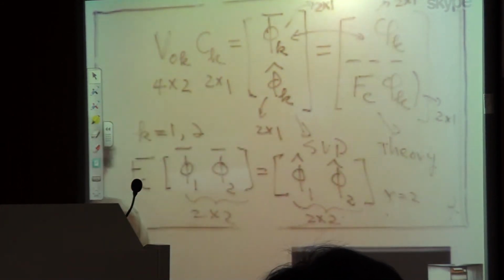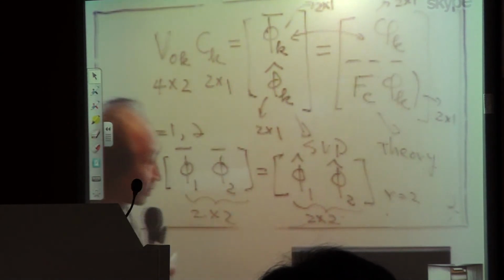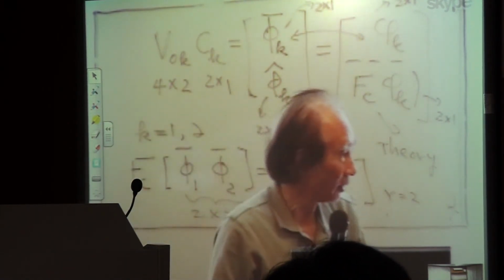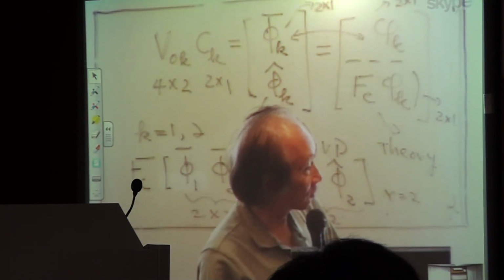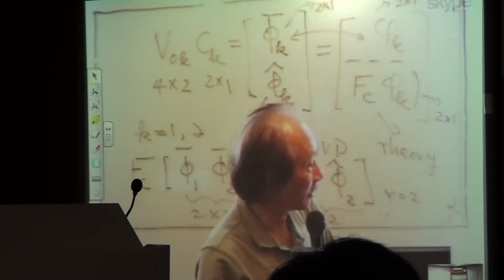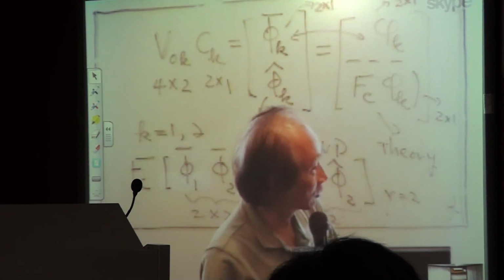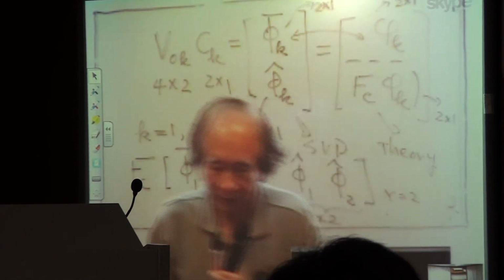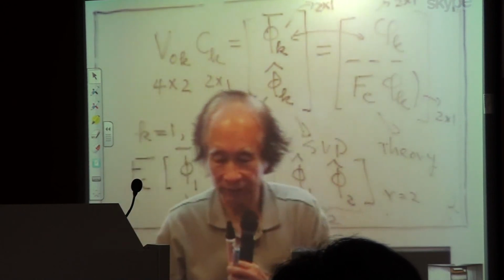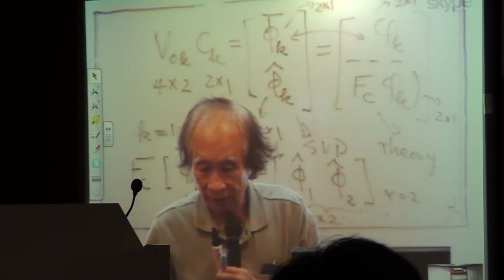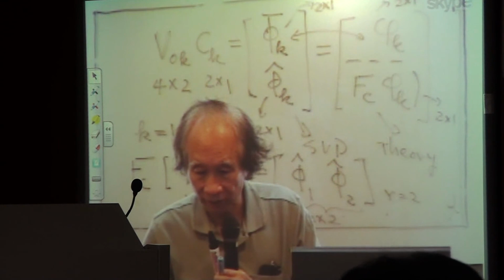Now, however, I want to note the closed-loop eigenvectors should be as independent as possible to avoid your conditioning problem. That means we have an inverse here. If we have an inverse here, you have to be careful of the inverse.